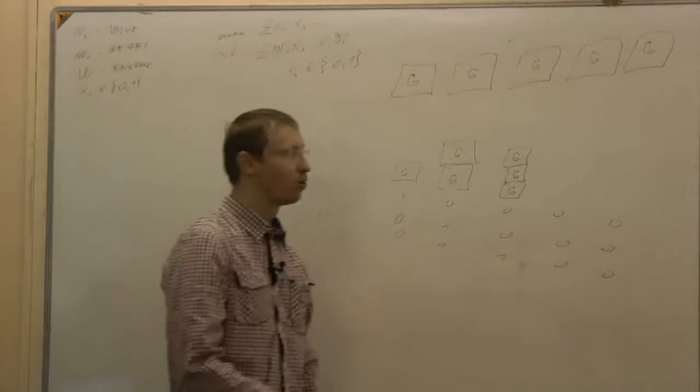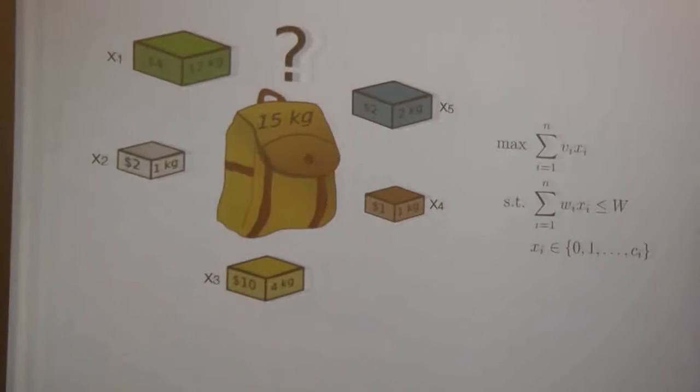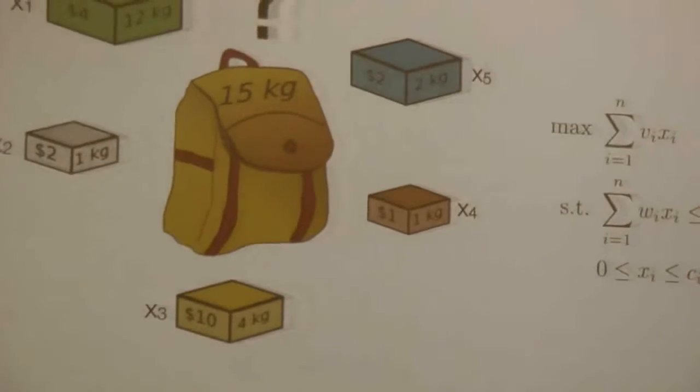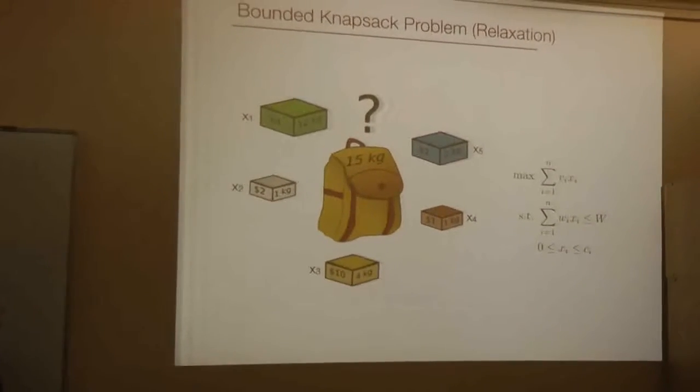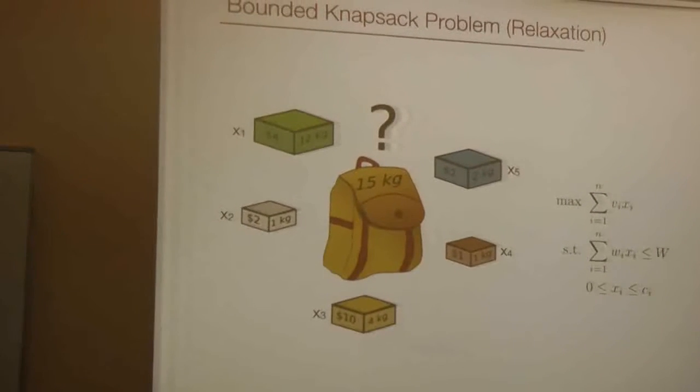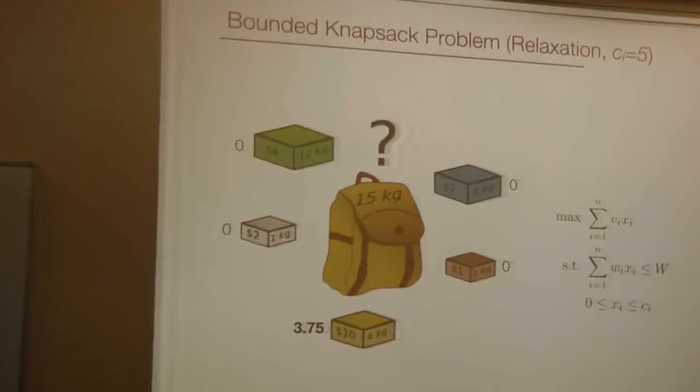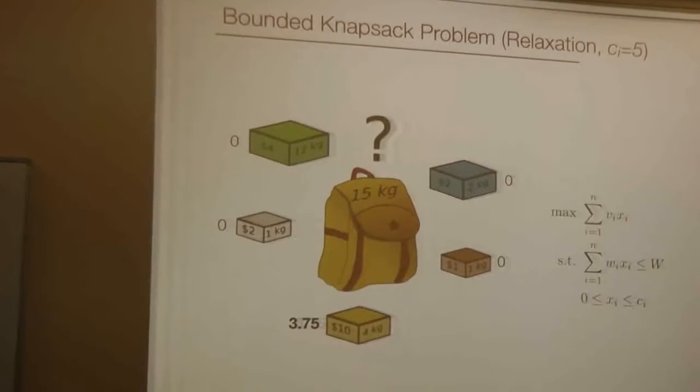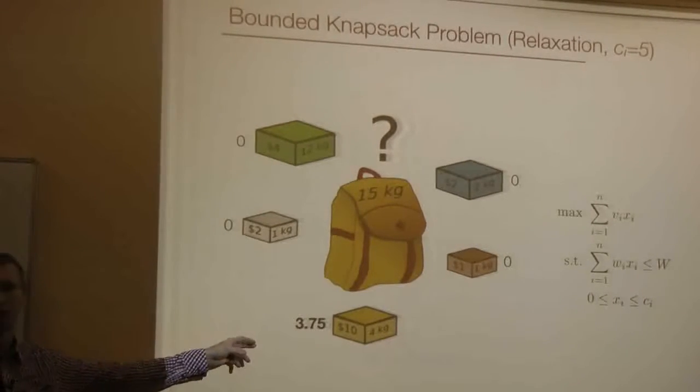Good. So let's return to this problem now that we know that we can actually solve it as a binary optimization problem, and let's attempt to solve it. Let's say that the boundary here is Ci. Actually, we can do the same thing as before. We can do relaxation. Then let's solve the relaxation using 5 copies of each item. And this is the optimal solution.